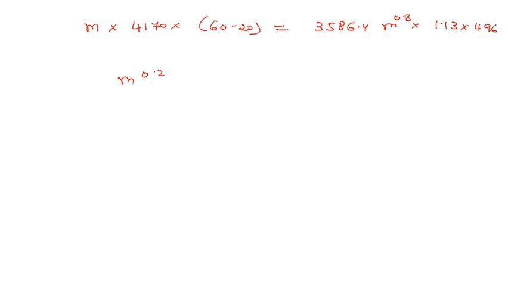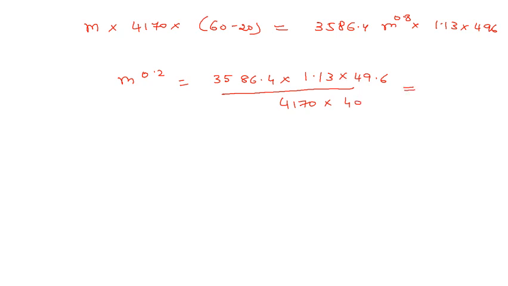By using logarithmic values, we can substitute over here and find this value as 3586.4 into 1.13 into 49.6 divided by 4170 into 40.